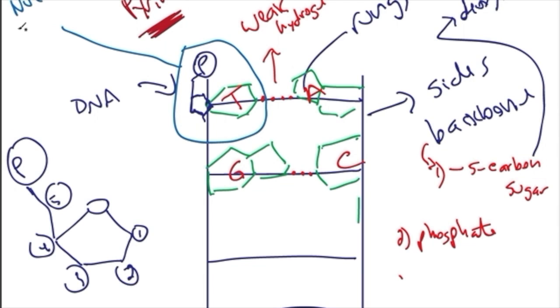So you're gonna get your sugar phosphate backbone. Actually, a nucleotide is made up of deoxyribose, a phosphate, and a nitrogenous base. So all nucleotides are exactly the same, except for the fact that they have different nitrogenous bases.